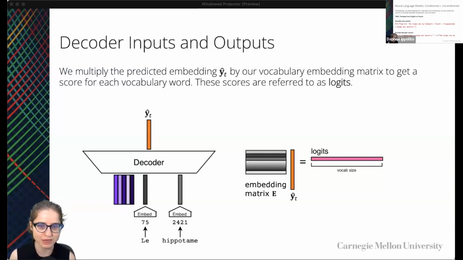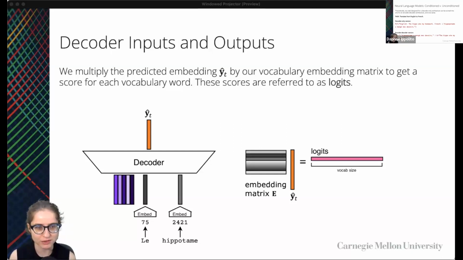When we do this matrix multiplication, we get a vector back, which we call the logits vector. The dimension of this logits vector is the vocab size, so now we have one real-valued number for each item in our vocab. These logits are scores. They tell us how confident the model is that this word could be the next word in the sequence.